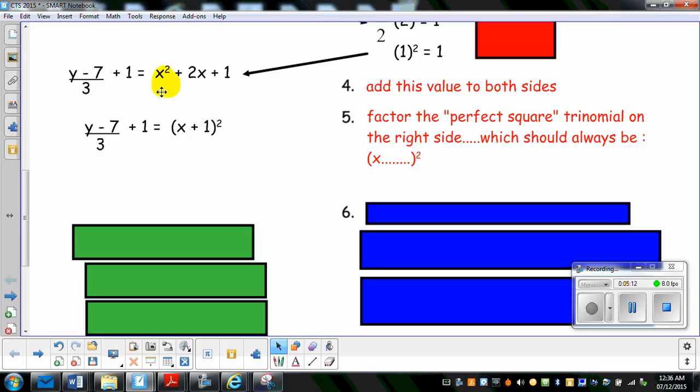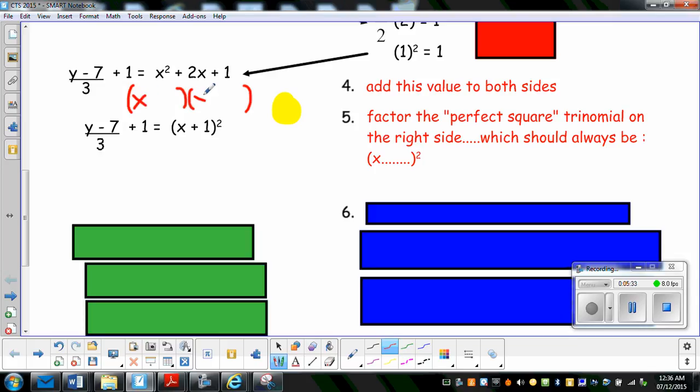Alright, so if I was going to write two brackets for this, I need two numbers that multiply to give 1 and add to give 2.